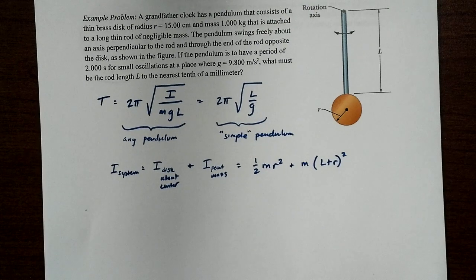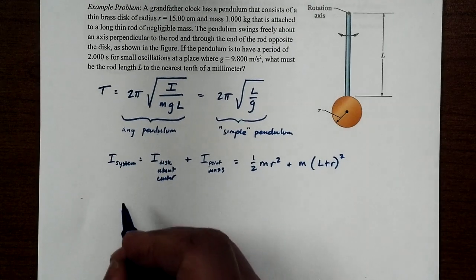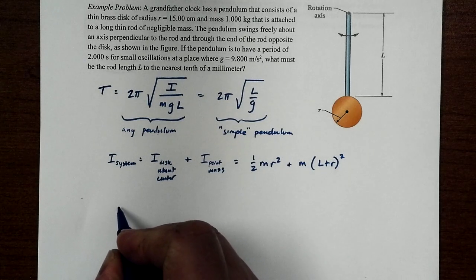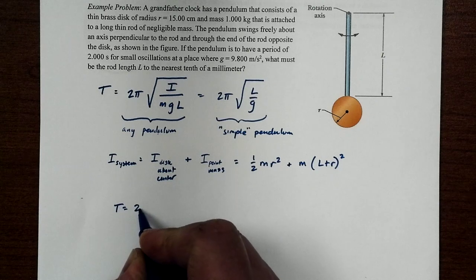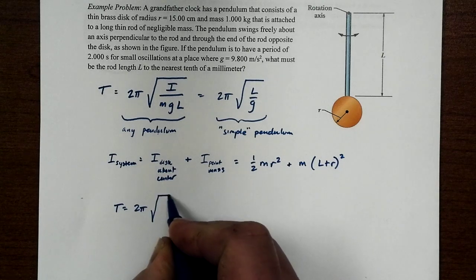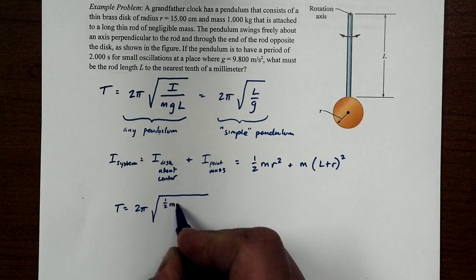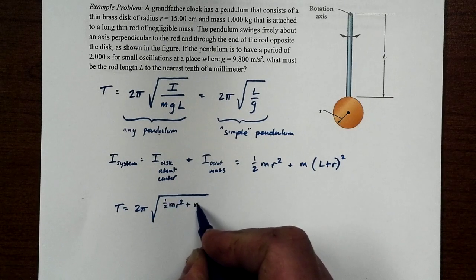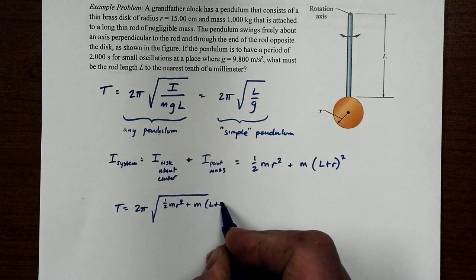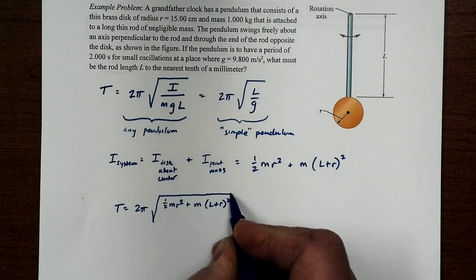All right, so now we can write, and I'm just going to keep everything symbolic now to see what we need to do. T is 2 pi, and our rotational inertia is 1/2 mr squared plus m times (L plus r) squared.